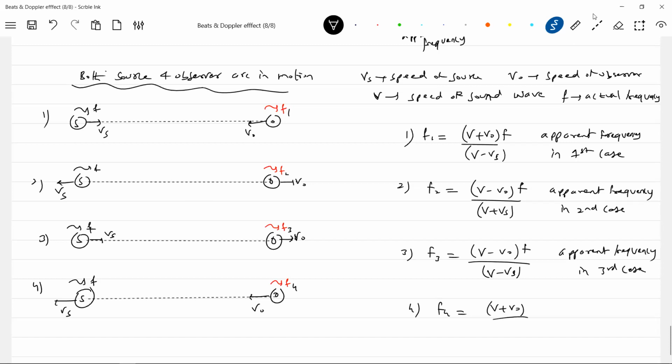F4 will be V plus V naught, source moving away, V plus Vs. Okay, got the idea, no? So like this we can calculate the apparent frequencies.